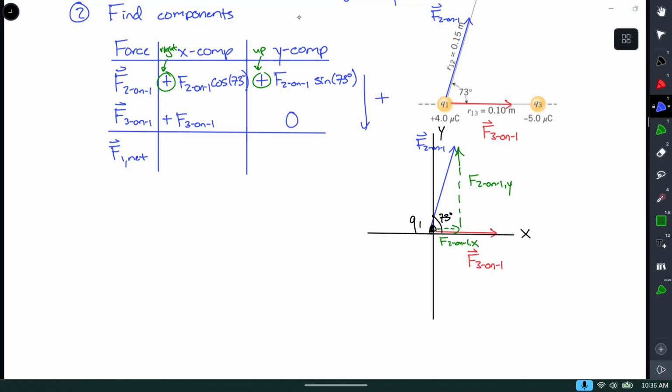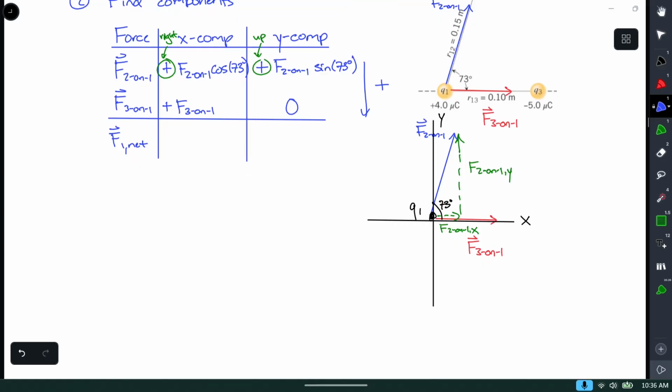So I will add down these columns to get the overall x and y components. So this will be F2 on 1 cosine 73 plus F3 on 1. And then this one is just F2 on 1 times the sine of 73.